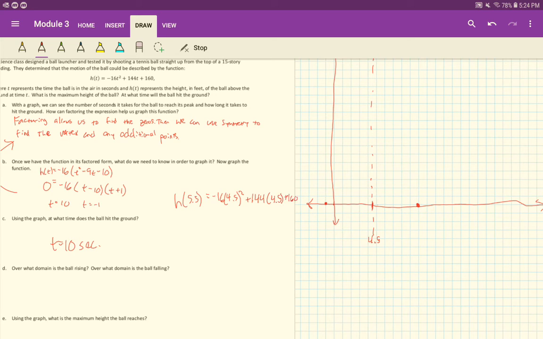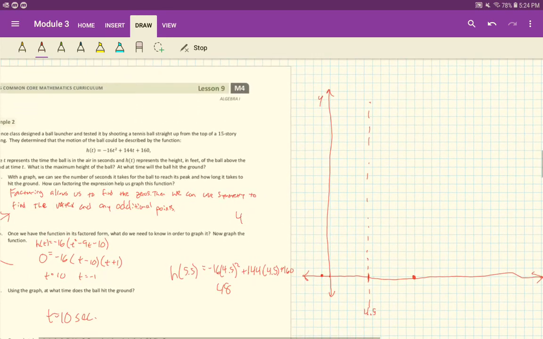Then I'm just going to use a calculator for this. Okay, 484. So that's the highest we have to go.